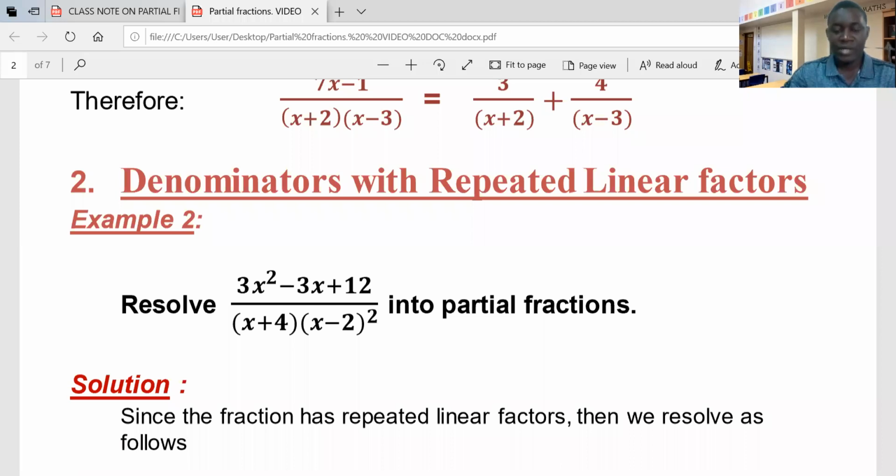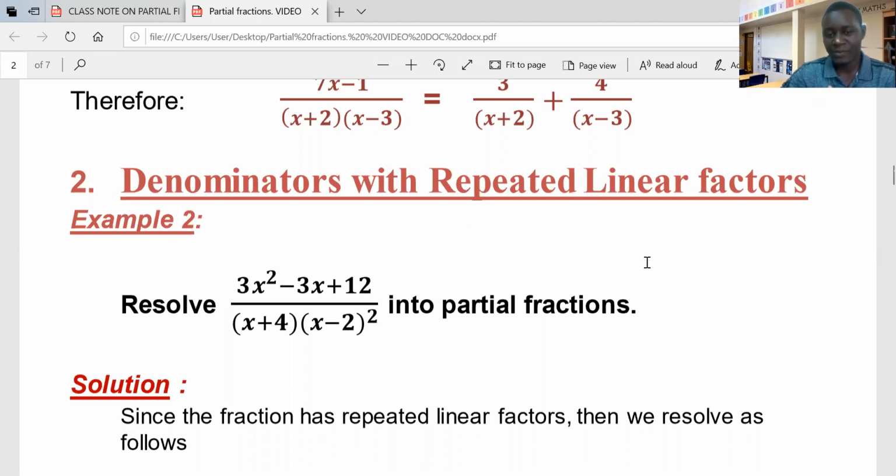All right, if you remember how we said we split up our compound fraction of this kind, having a repeated linear factor in its denominator.